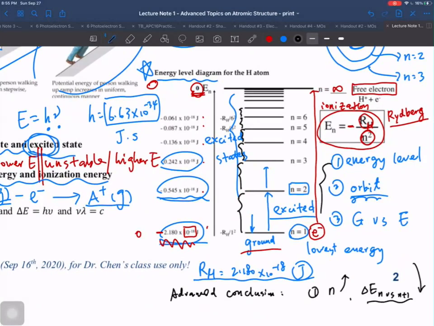Or you can write it as En plus 1 minus En. It's pretty much the same. Let me see. Any other things?